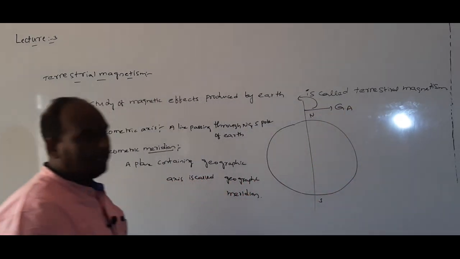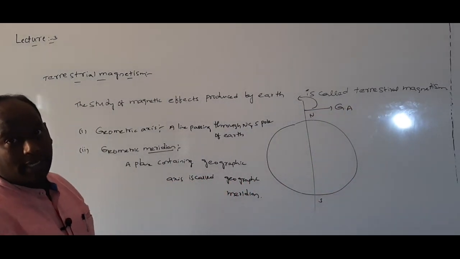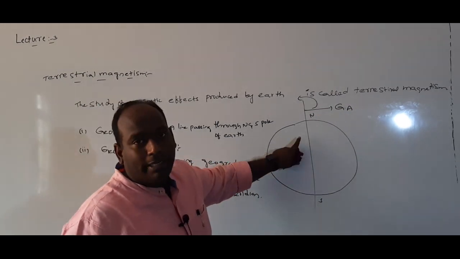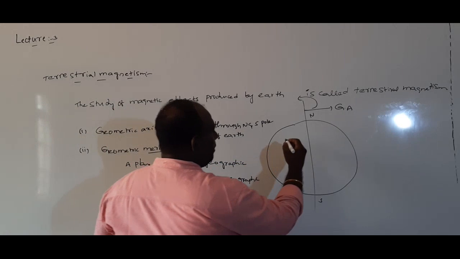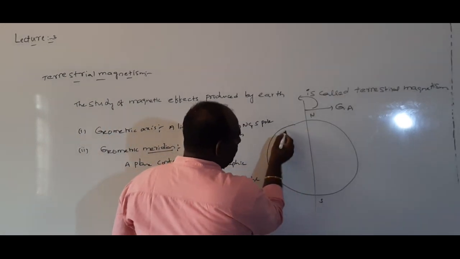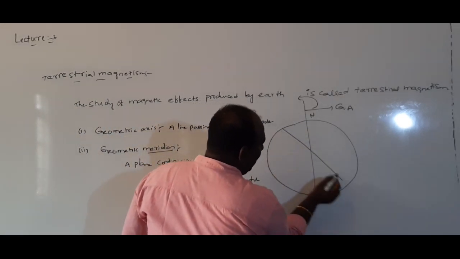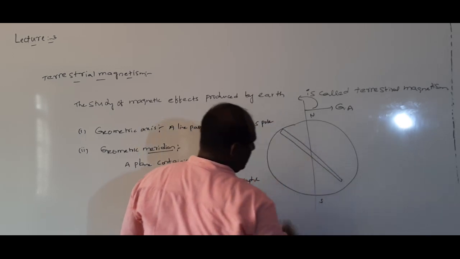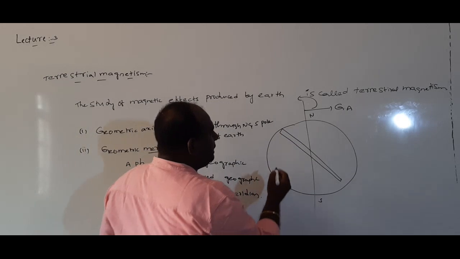Now, by experiments they revealed that the magnetic axis and geometric axis of Earth are different. We can treat Earth as containing a huge magnet like this. This is the magnetic axis.